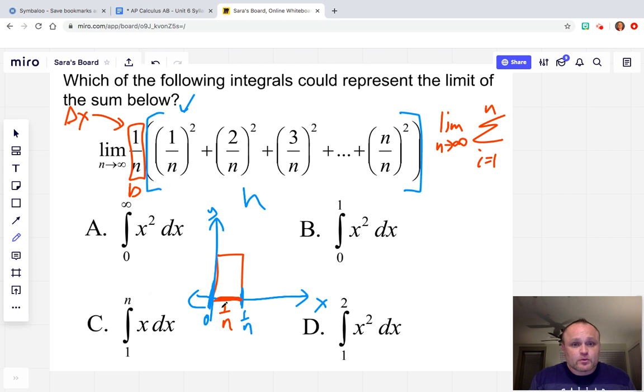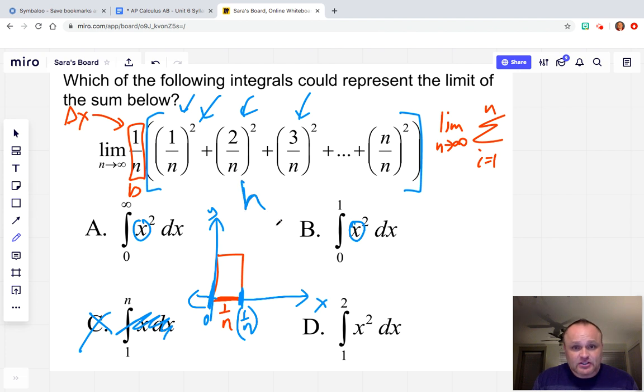And the function would be plugging in 1 over n, which is that x value right here, and squaring it. So it's almost like it's waiting for an input like x squared. That's what all these pieces are showing. So we know it's not going to be c, because it doesn't have that x squared as far as the y value is concerned.